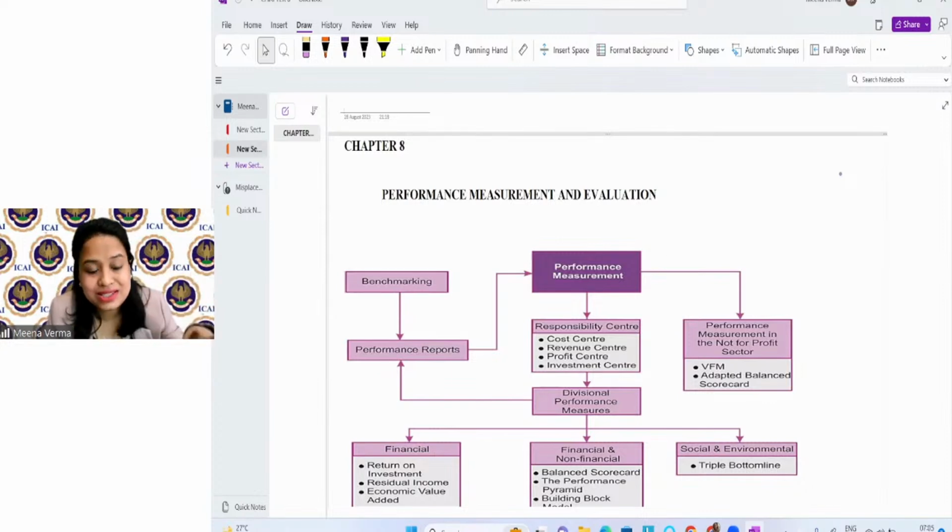We will measure it, we will evaluate it right here, and we will evaluate both, not just our financial goal, whether we managed to achieve the financial goal or not. We are not just focusing on evaluating the financial goals, but we are focusing here on achieving the non-financial goals also, right?